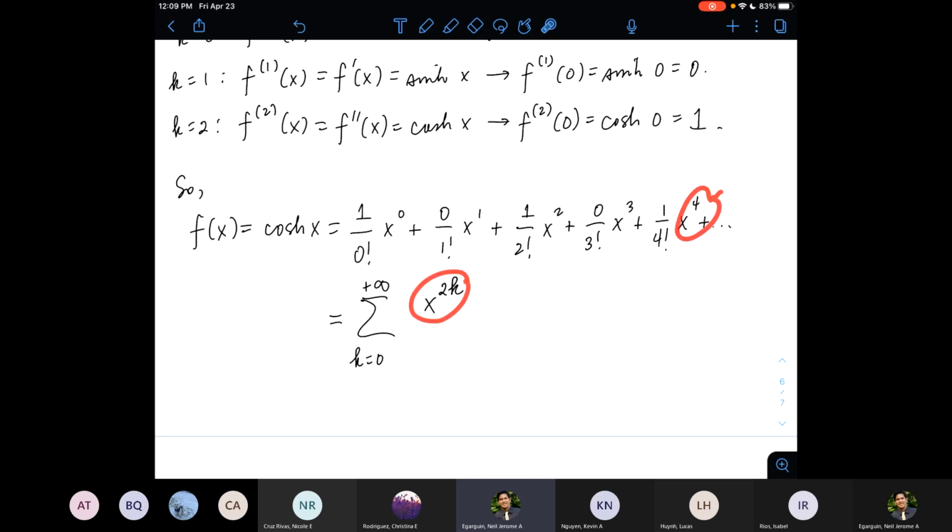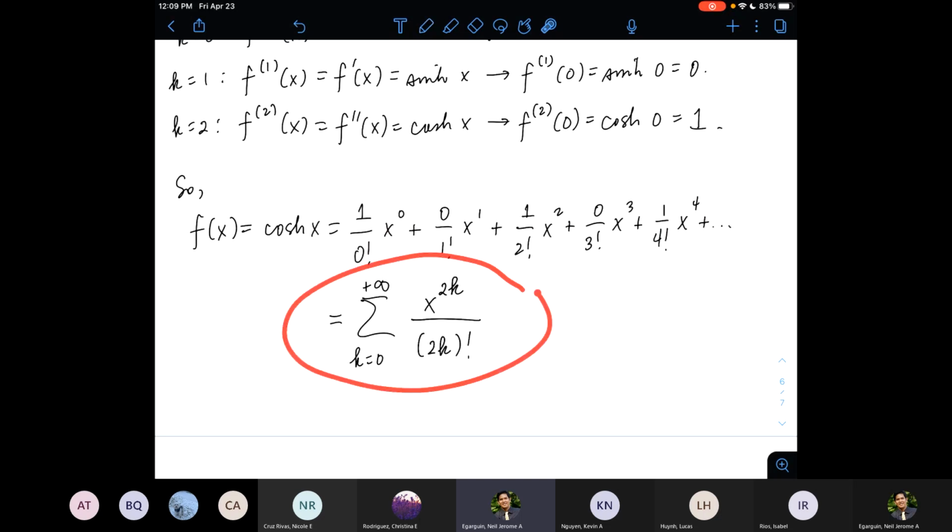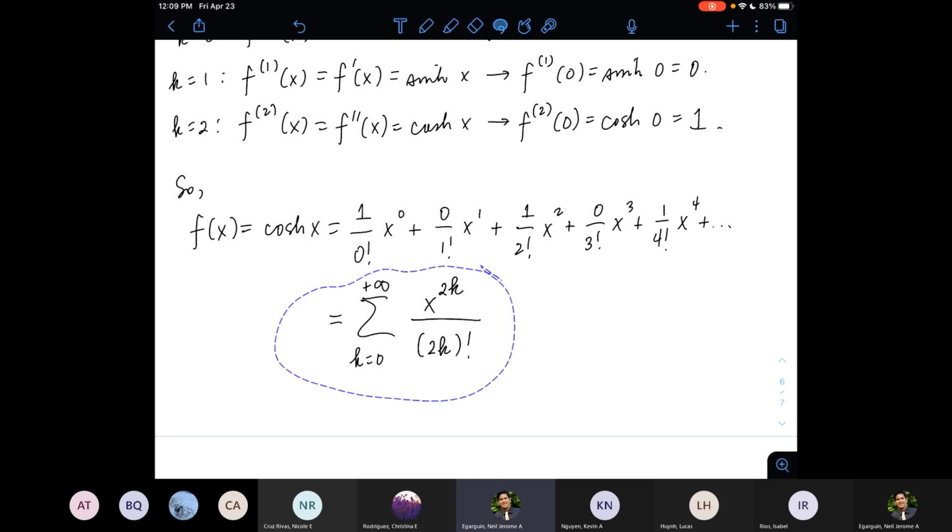And what's the pattern? It seems that whatever the exponent is, that will also be the number inside the factorial in the denominator. So if I have 2k in the exponent, in the denominator, I should have a 2k factorial. All right. And therefore, this is our series expansion for the hyperbolic cosine. So now I guess I can add this to our list.